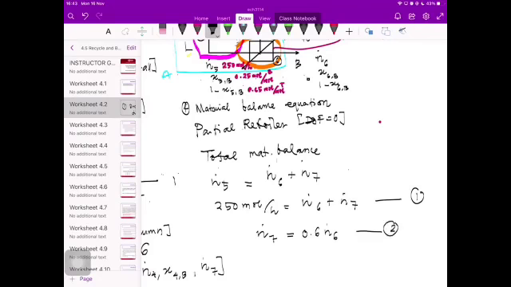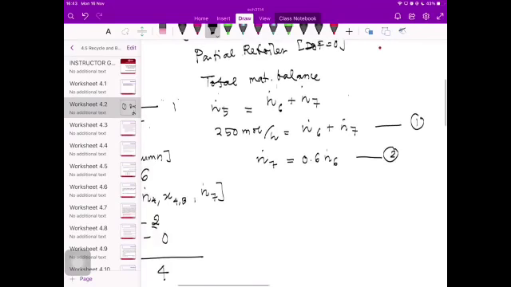So when we replace number 2 into equation number 1, we're going to plug in 2 into 1, then we have 250 is equal to N6 plus 0.6 N6. So we have 250 is equal to 1.6 N6.